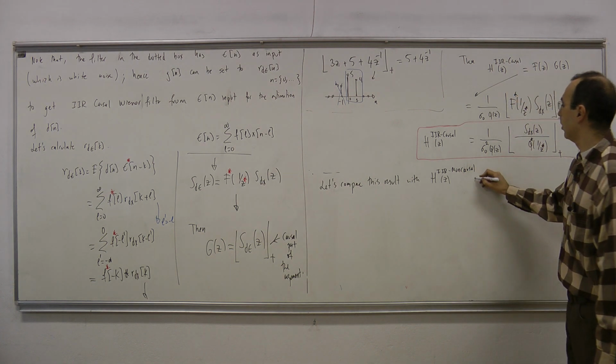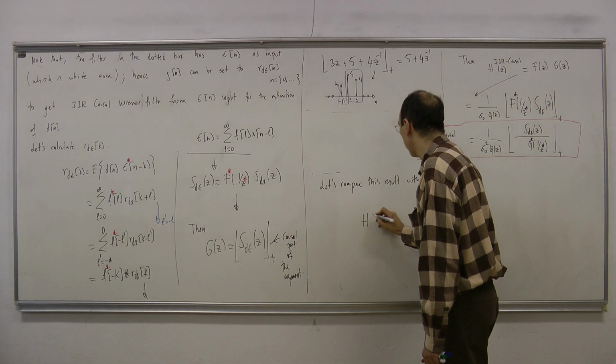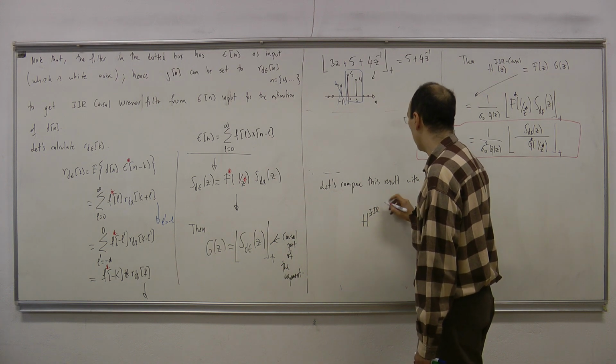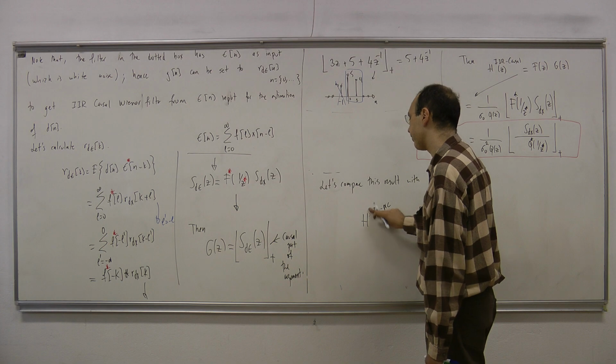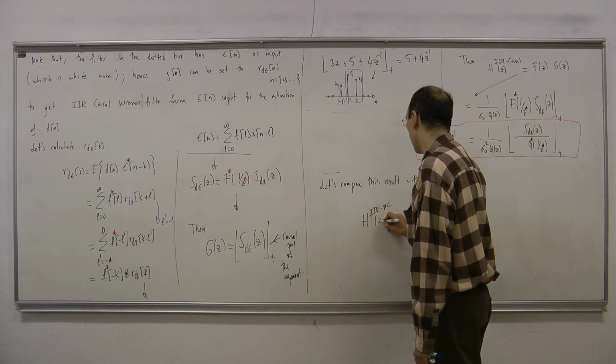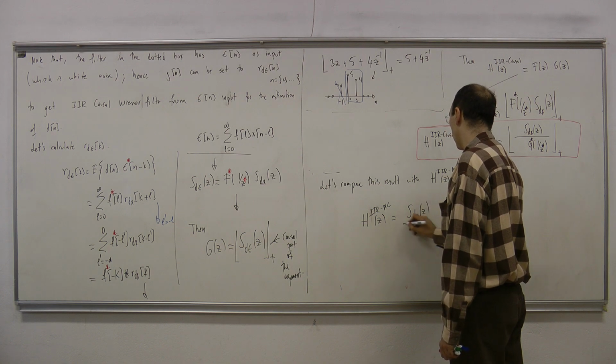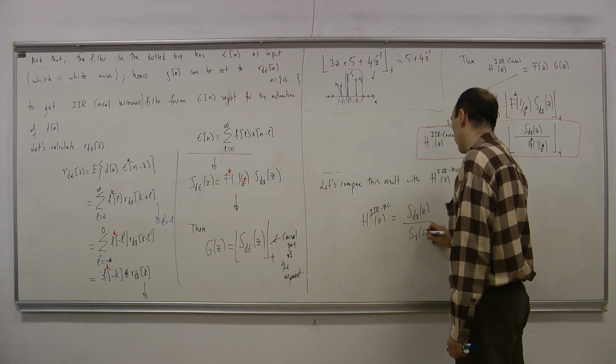Okay, so how can I do this? Please remember, it is something like this. IIR non-causal is this. So this is S dx of z over S x of z.